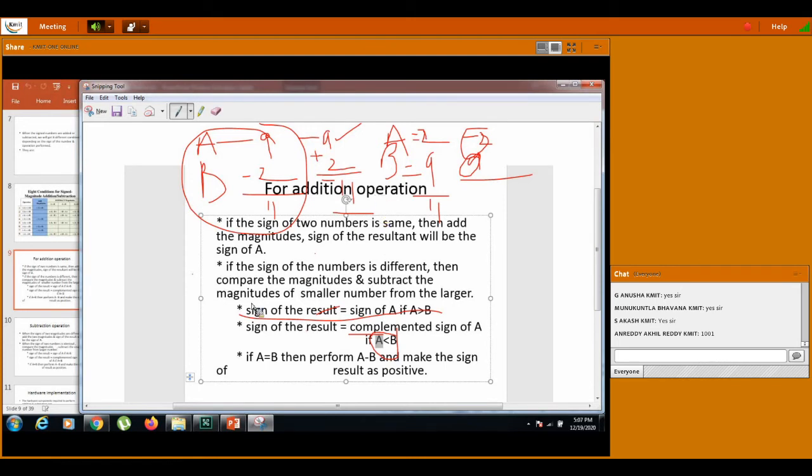So the minus 2 will become positive here. Like this. If A is equal to B, then perform A minus B and make the sign of the result positive. That is, if you are going for 9 and 9, then this is the case which you are going to follow.